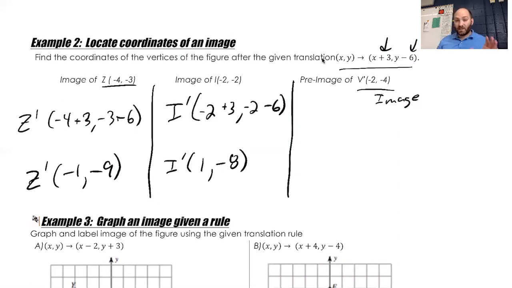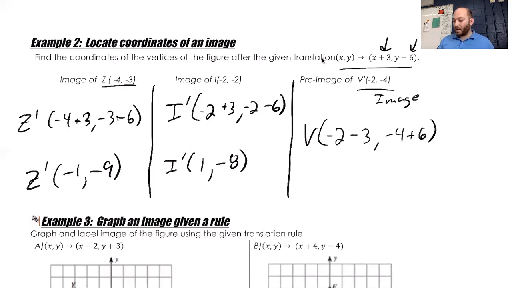So instead of doing this as a +3 minus 6, to get to v, I'm actually going to take -2 minus 3 and -4 plus 6. A little bit of a tricky way to think about it, but it's still the same idea that we're going to move it the opposite way, from the image back to the pre-image. Okay, so that's what this question is asking for.